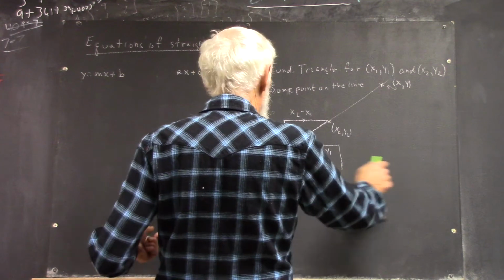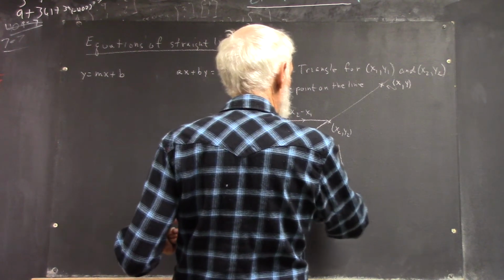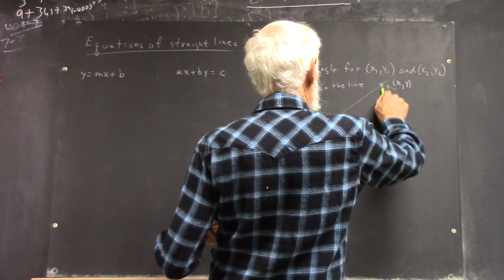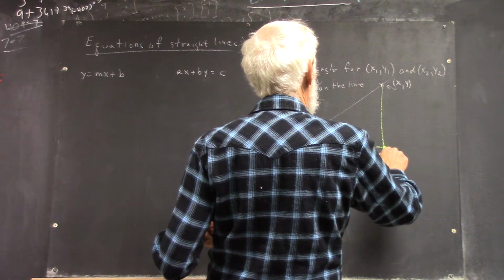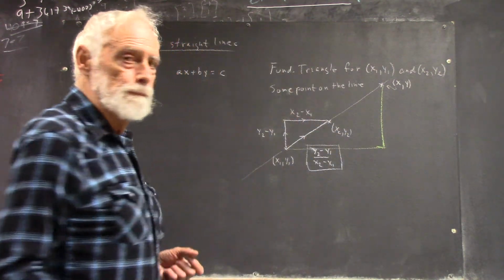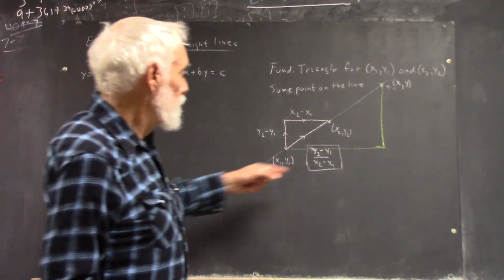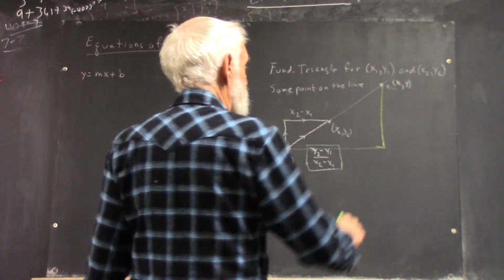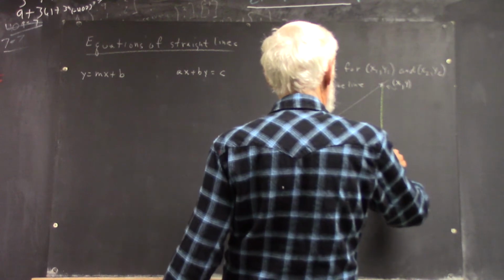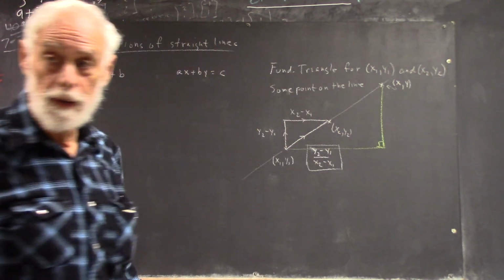I'm going to have to go right through my label, but I'm going to do it anyway, kind of lightly. So there's a new fundamental triangle. That side's pretty bowed, but you know what I'm doing.